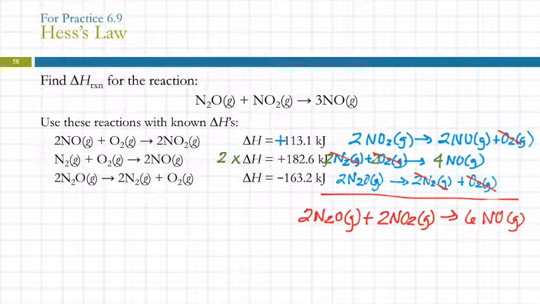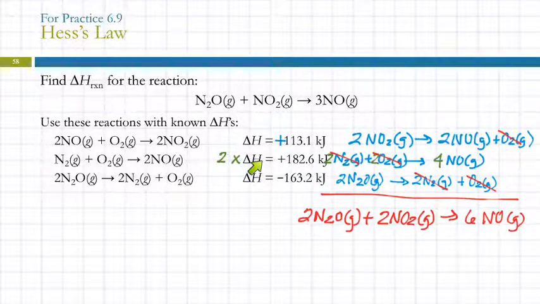So I've got the correct reactants and products now after combining these 3 equations. How is this equation different from what I'm supposed to be finding? It's doubled.